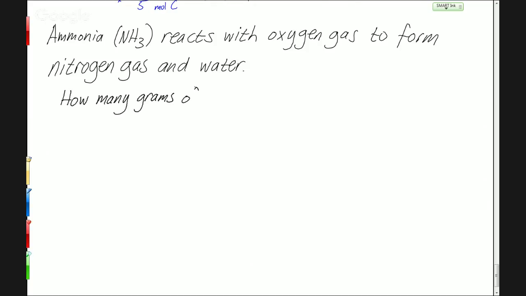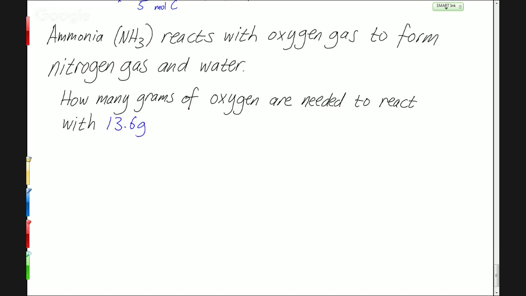How many grams of oxygen are needed to react with 13.6 grams of ammonia, NH3?